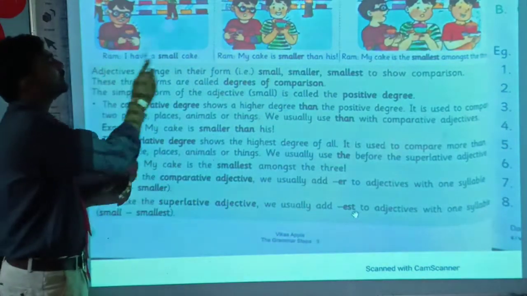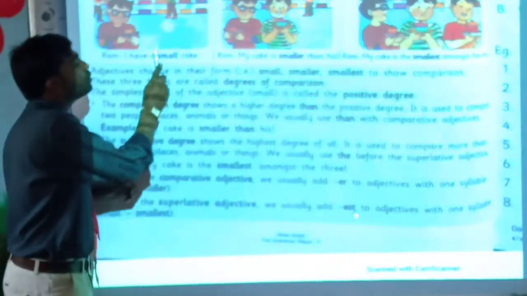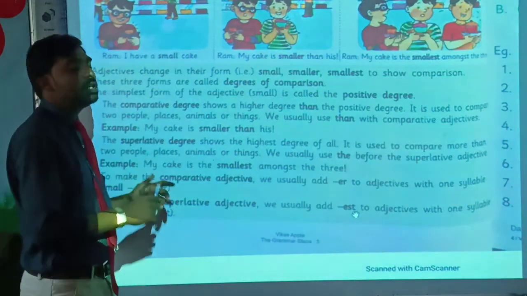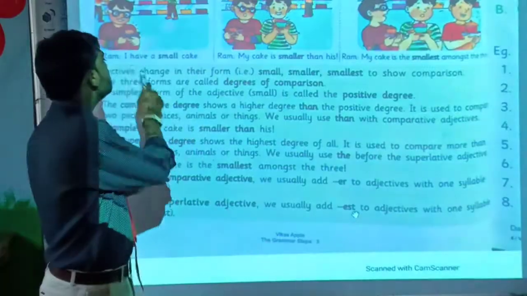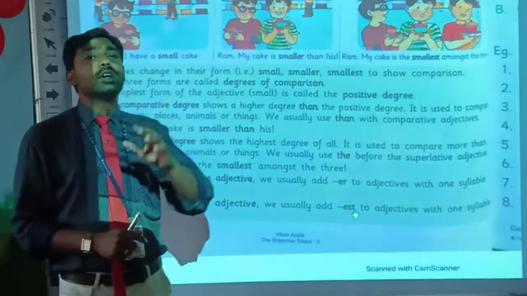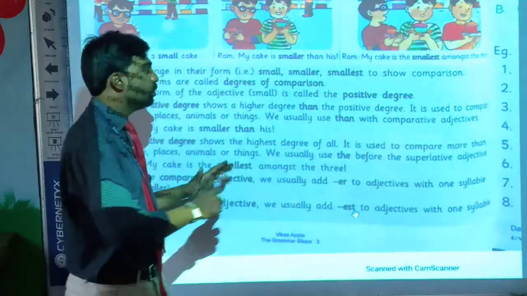This is the first sentence: I have a small cake. Now this adjective small is used in its simplest form, so this sentence uses the positive degree. Which degree? Positive degree. Okay, understood?